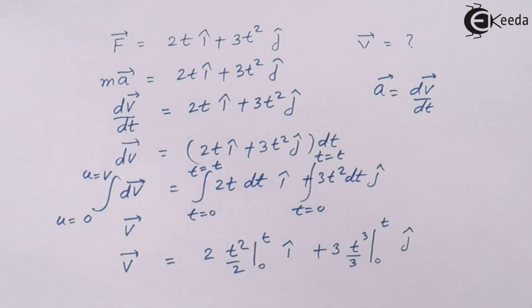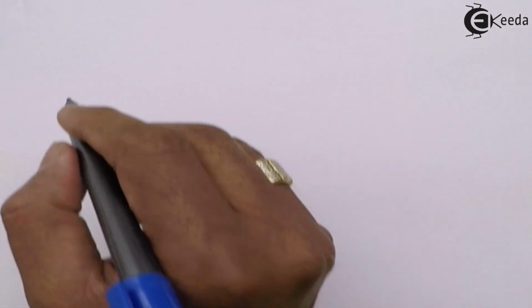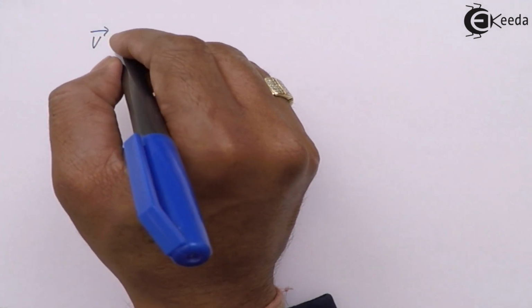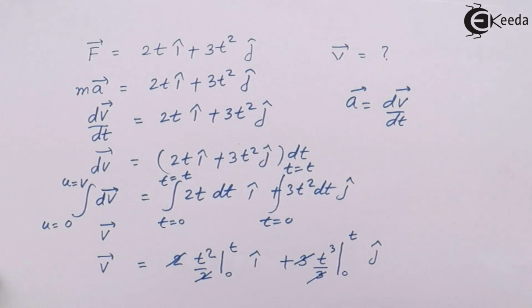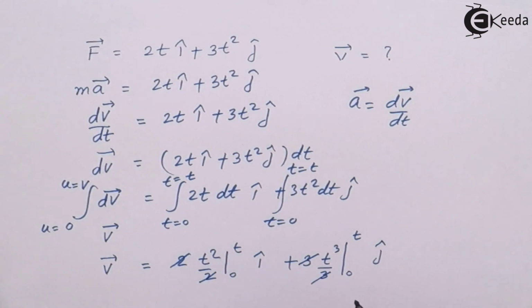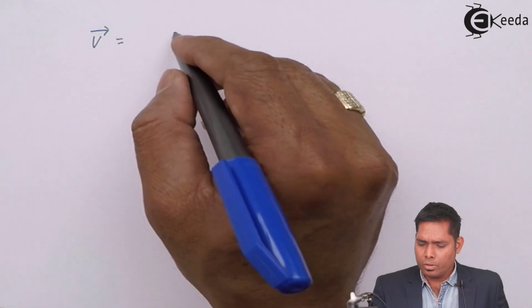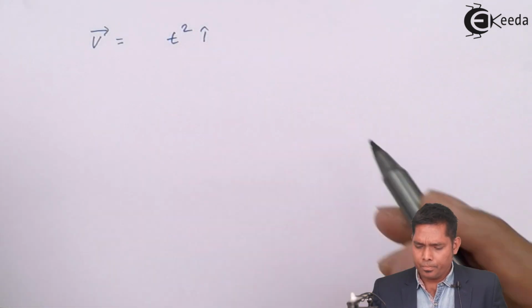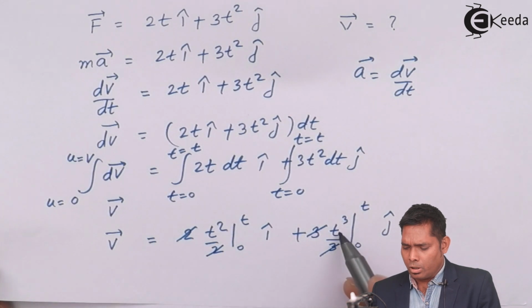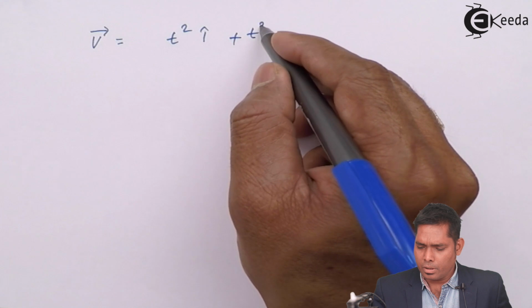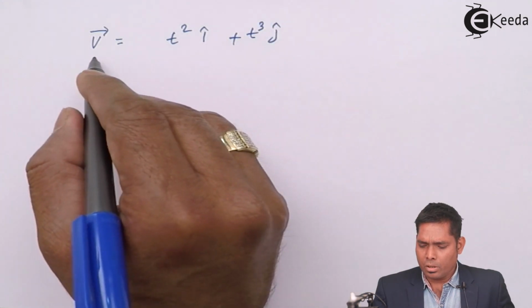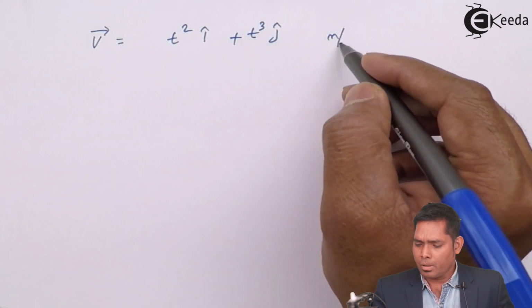So from here I will write v vector as this 2 and this 2 will cancel, this 3 and this 3 will cancel. If I put the limits here, this is t square minus 0, that is t square by 2 i cap, and this will be t to the power 3 j cap. So this is the velocity vector I'm getting in meter per second.